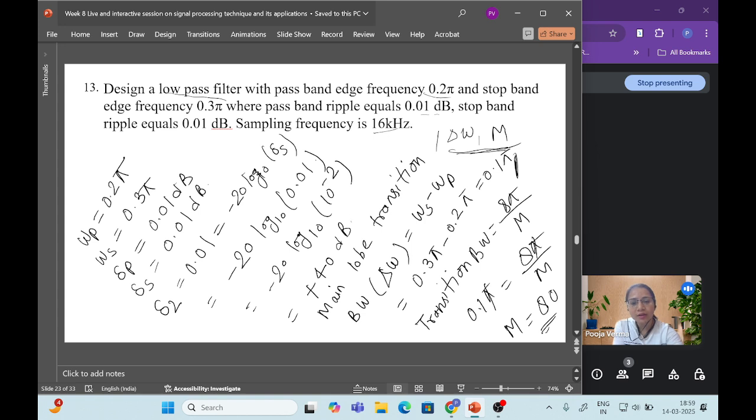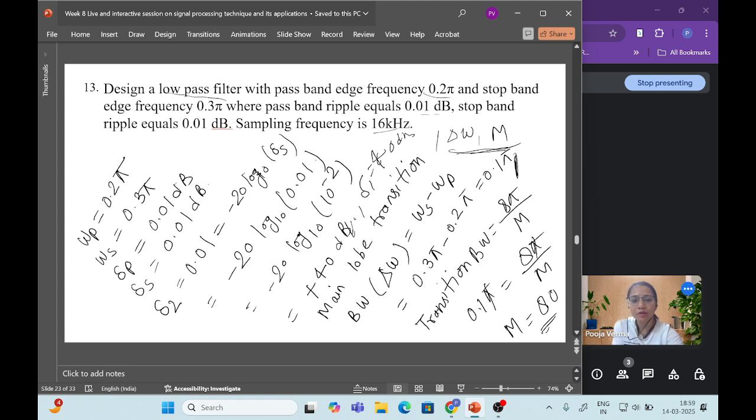And the peak stop band ripple you have got is 40 dB. Similarly, the pass band ripple del 1 will also be the same, 40 dB. Okay, so these are the parameters used to design a low pass filter.